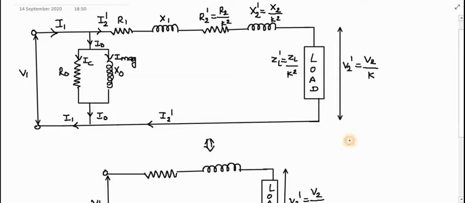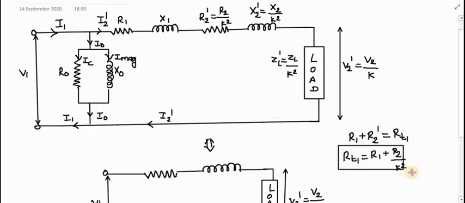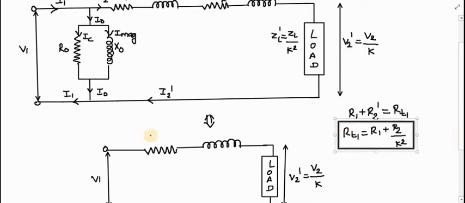So R1 plus R2 dash is nothing but RT1, meaning total resistance of the transformer referred to the primary side. So RT1 I can write down as R1 plus, what is your R2 dash? R2 dash is nothing but R2 upon K square. Right?